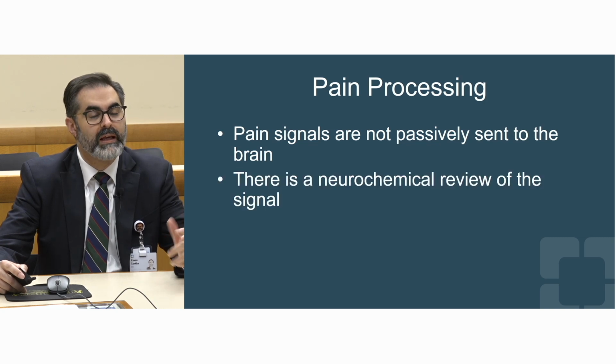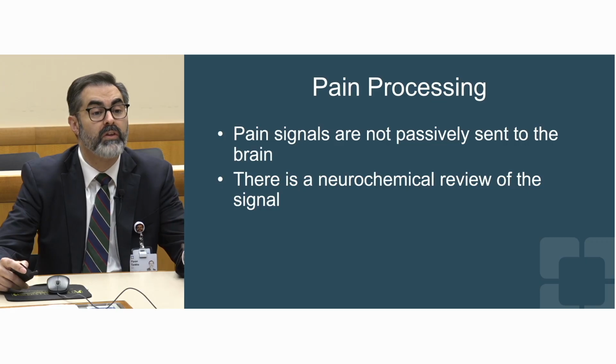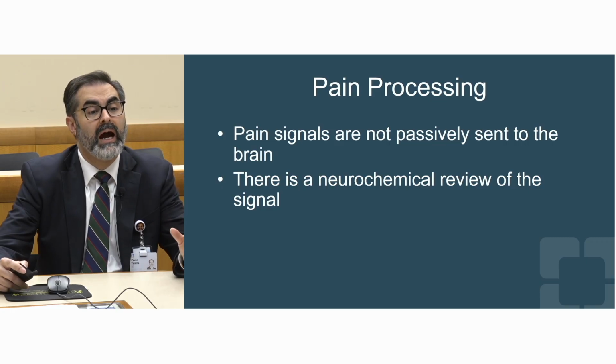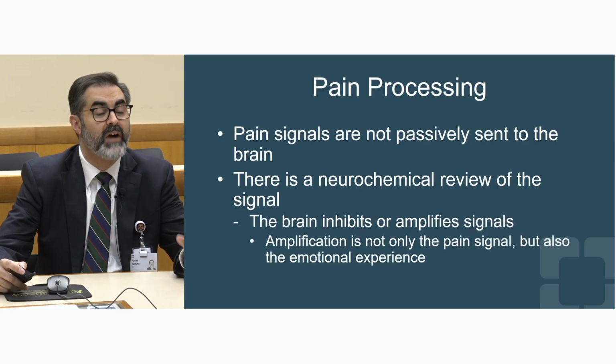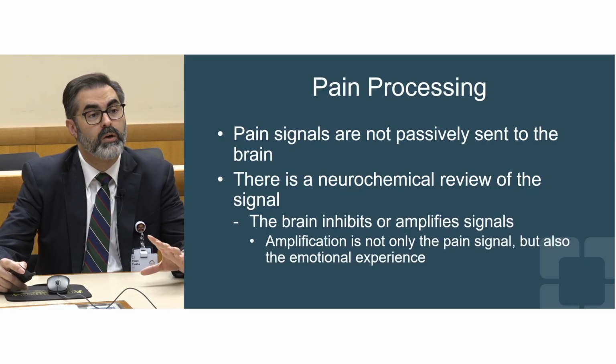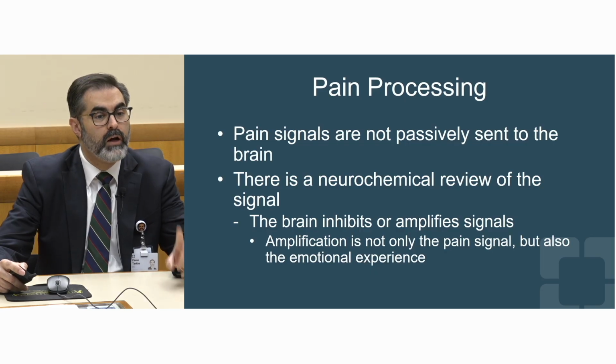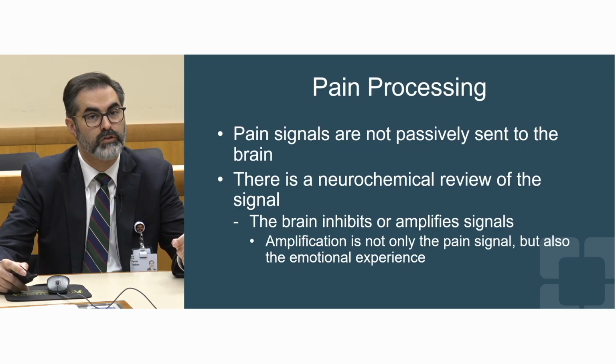There's a very complicated neurochemical review that occurs at the level of the spinal cord whenever there's a painful stimulus. And what that review dictates is whether or not we amplify the signal or quiet it down. Of note, when there's amplification of the signal, it's simply not the painful aspect, but also the emotional aspect as well.